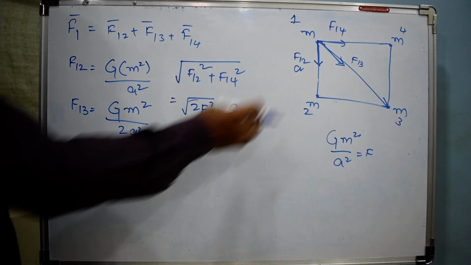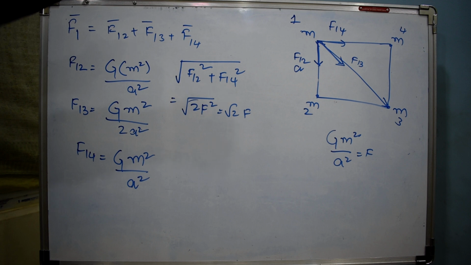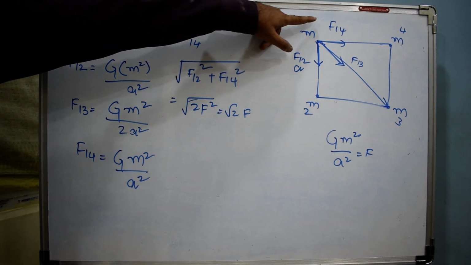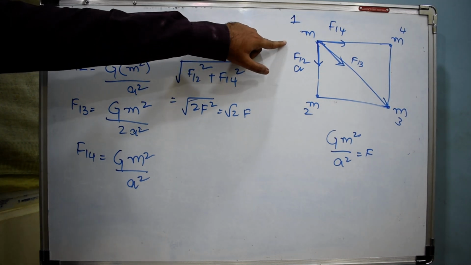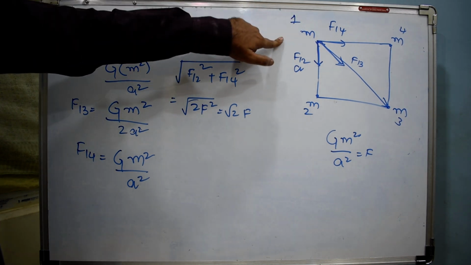So root 2 into F is the resultant of these two forces, and since these two have equal magnitudes, the resultant must make equal angle with each of them.